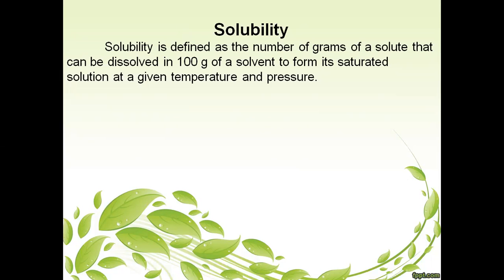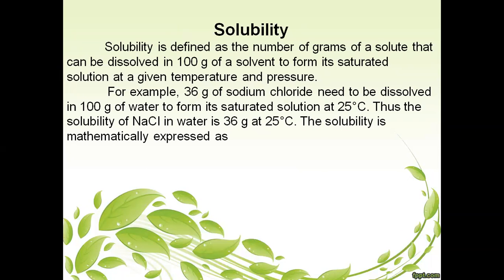So at a particular temperature, for 100 grams of any solvent, how much solute is present? That is called solubility. For example, 36 grams of sodium chloride needs to be dissolved in 100 grams of water to form its saturated solution at 25 degrees Celsius.